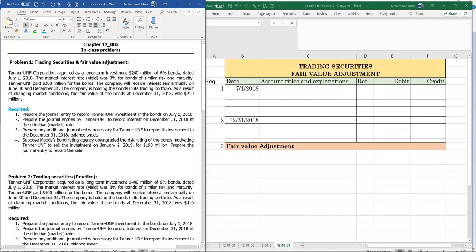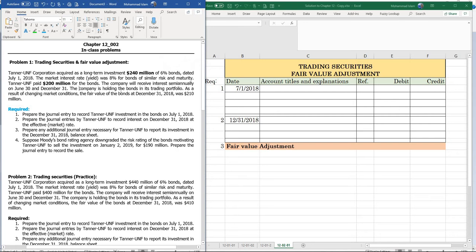A company acquired a long-term investment of 240 million of 6% bonds dated July 1, 2018. The market interest rate was 8% for bonds of similar risk and maturity. The company paid 200 million only for the bonds. See that the price was 240 and they paid only 200.